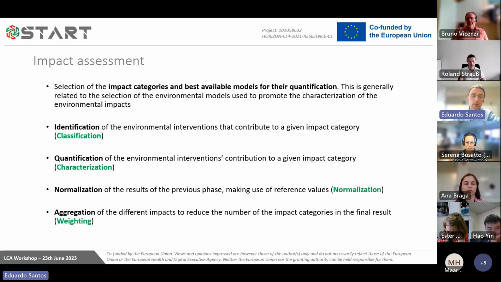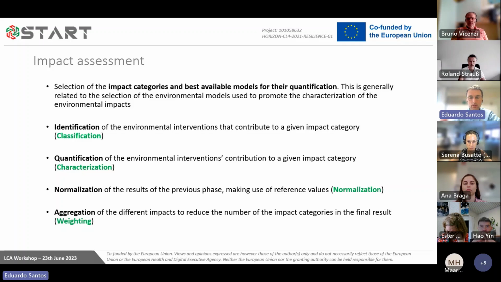And then you can see and compare the different environmental impact categories. Still, they are not related in terms of quantitative, and for that we have to do something that is called weighting, so pondering the different categories.